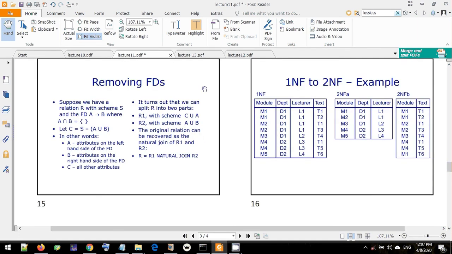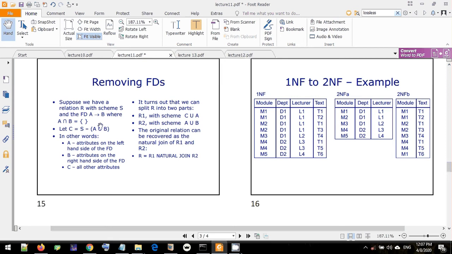So let's see how we can remove dependencies. Suppose we have a relation R with scheme S, the set of attributes which form the columns in that table, and a functional dependency A determines B, where A intersection B is an empty set.